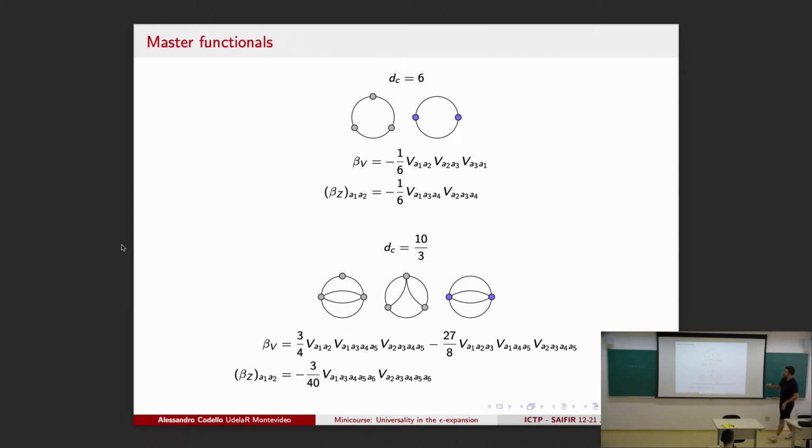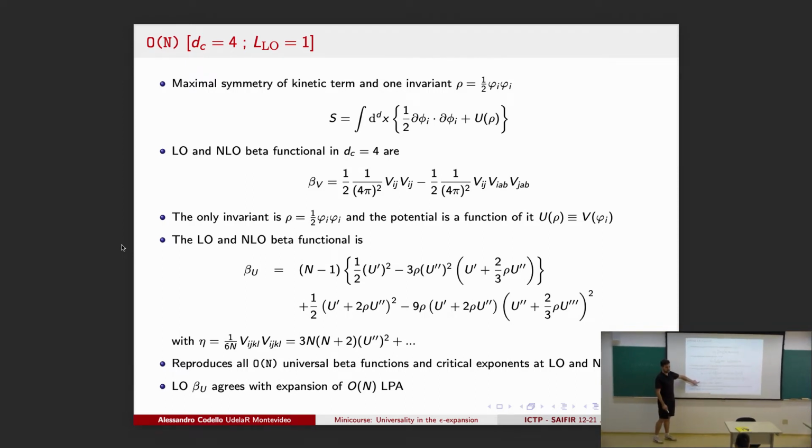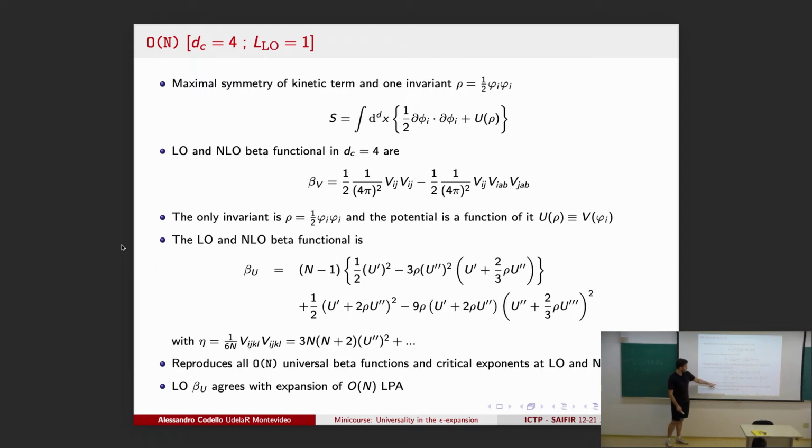But when this is proportional to the identity, there is just a delta, and then you trace on the delta, and this trace on the delta will give you the N on this side, and you take it to the other side. And then the eta is minus the beta Z, so the famous minus 1 over 6 becomes 1 over 6, and you see that now this is completely contracted.